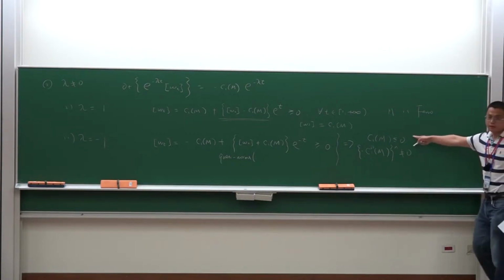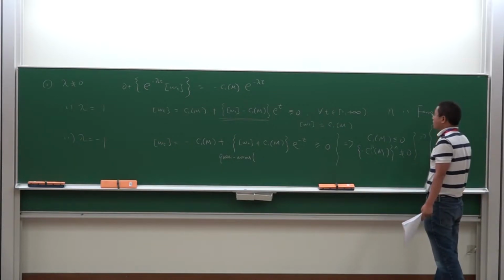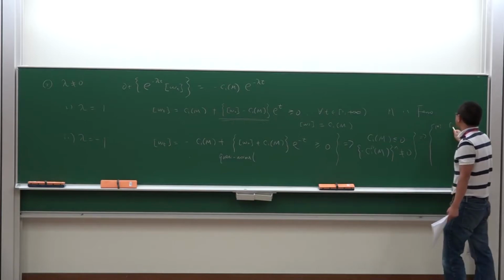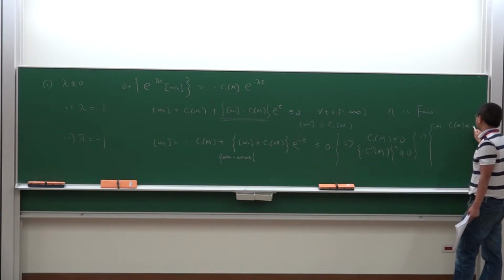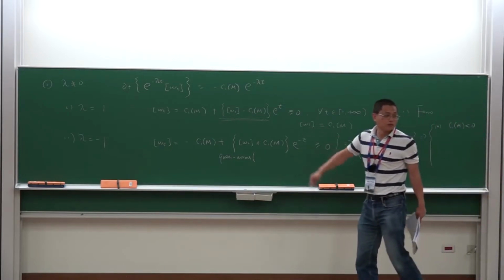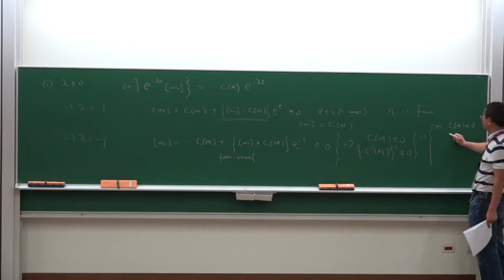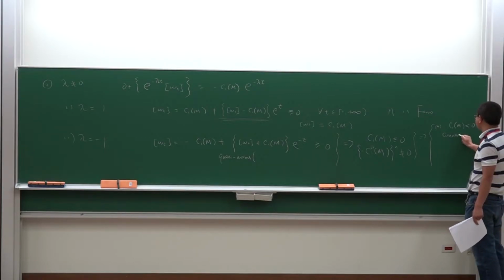Okay, so now we know that you still have two cases. The first case is C1m is strictly positive. Then again, this returns to the theorem of Professor Cao. So you have a convergence, no singularity.